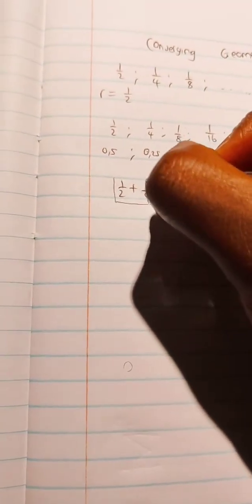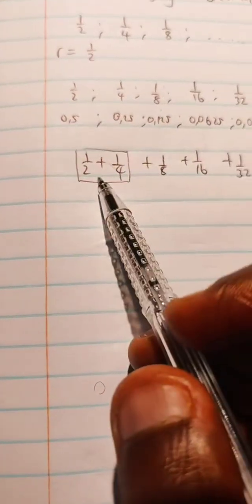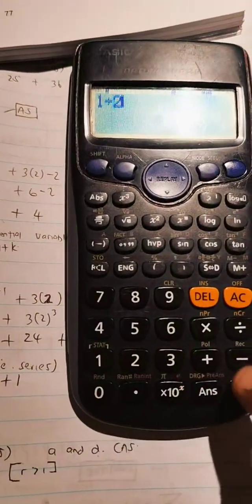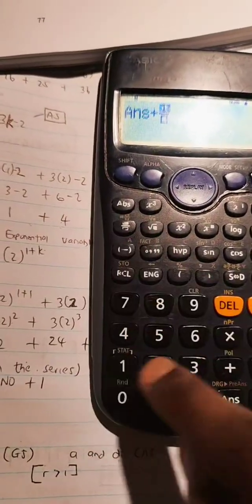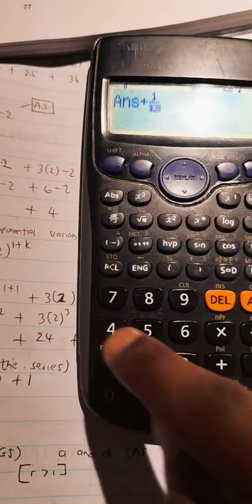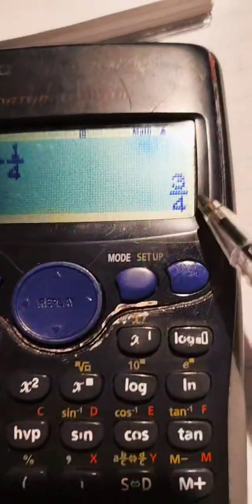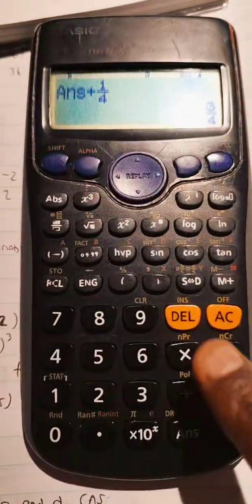Let me show you what I mean. If you took the first two terms, 1 over 2 plus 1 over 4, just from your calculator very quickly, that is 3 over 4.